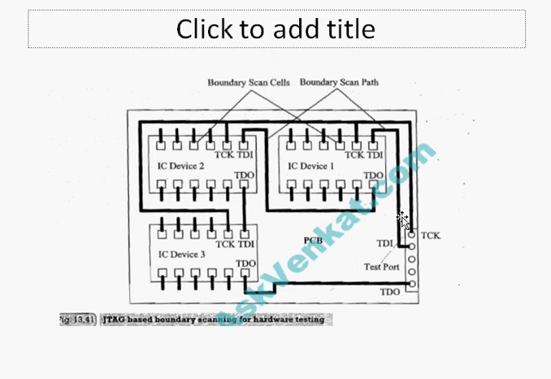This way you form a chain: you come in, go to the first device, then the second device, then the third device, and the third device goes back to the PCB. So this forms a chain. The other signals should also be considered: there should be synchronization, so the test clock is common and is given to device 1, device 2, and device 3 as well. So this is your boundary scan structure.